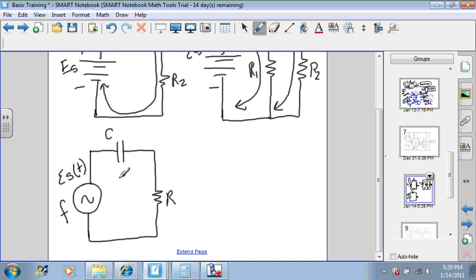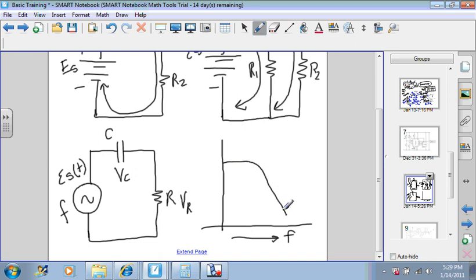And we were able to analyze maybe a voltage drop across the capacitor and maybe a voltage drop across the resistor. And we learned that perhaps as the frequency increased, the voltage drop across one of the components perhaps did something like that. Perhaps the voltage drop across the capacitor begins to decrease as we increased the frequency.